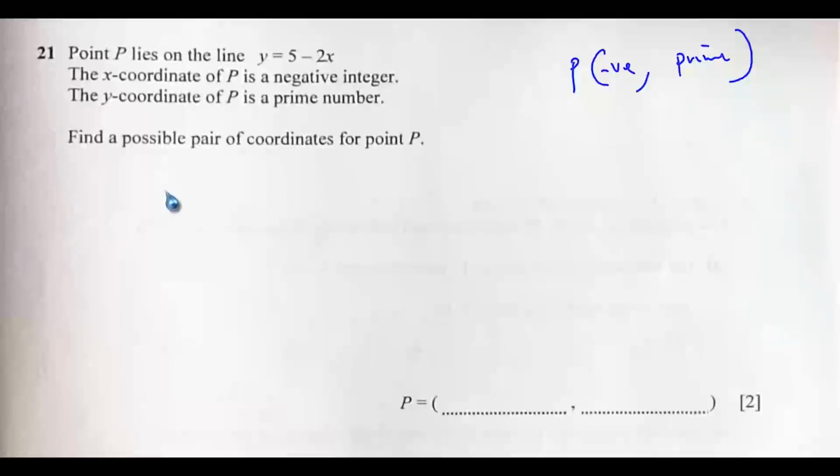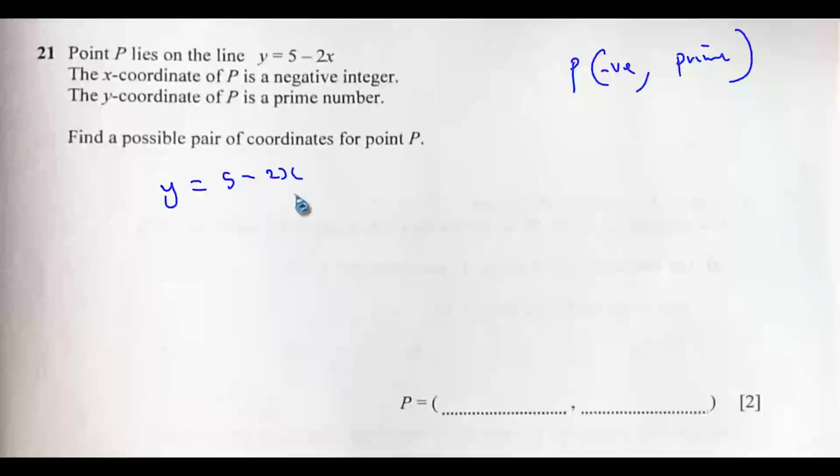So if y equals 5 minus 2x is the given equation and P lies on this line, that means when you substitute the value of the x and y coordinate, you should get only one answer.